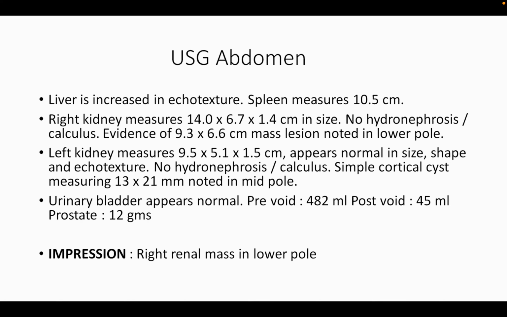What I want is whether it is exophytic, whether it is endophytic, or both. Whether there is increased vascularity with the Doppler study, whether there is any distortion of the pelvicalyceal system. Whether there are any obviously enlarged lymph nodes, whether the renal artery and vein flow on Doppler is normal.